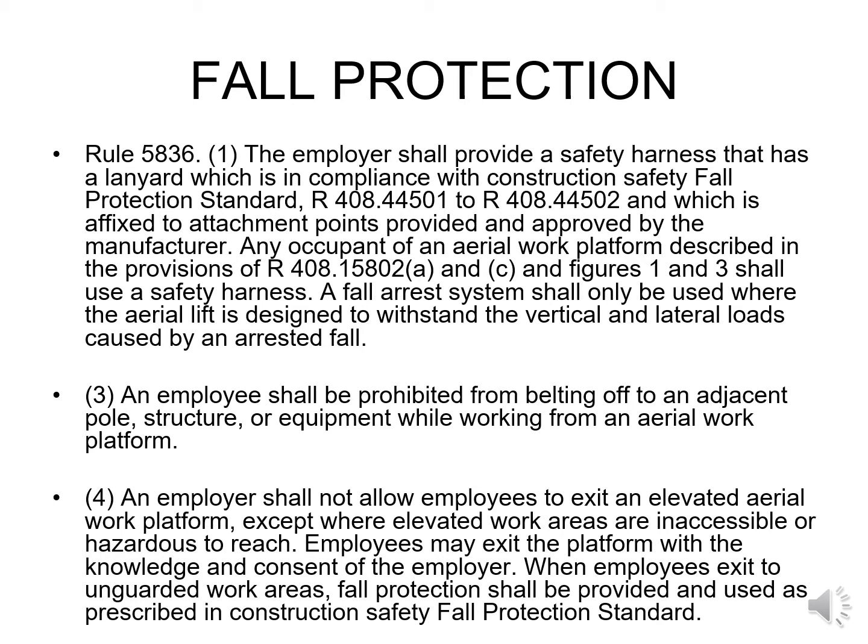An employer shall not allow employees to exit an elevated aerial work platform except where elevated work areas are inaccessible or hazardous to reach. Employees may exit the platform with the knowledge and consent of their employer. When employees exit to unguarded work areas, fall protection shall be provided and used as prescribed in the Construction Safety Fall Protection Standard.